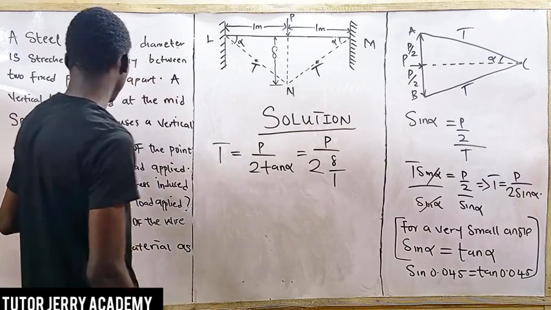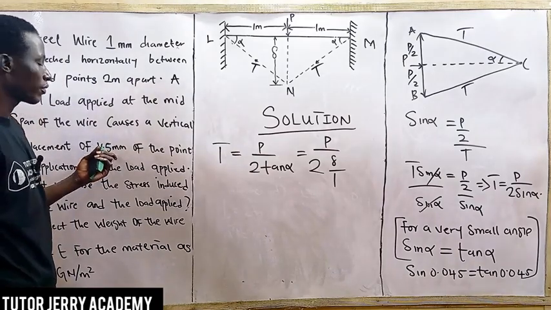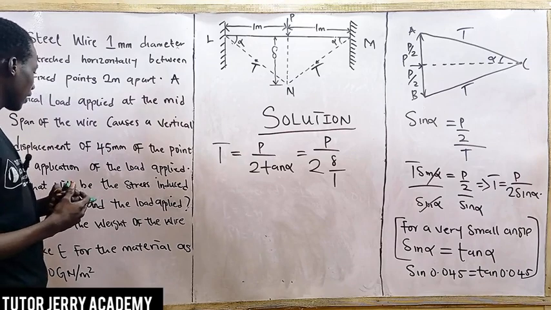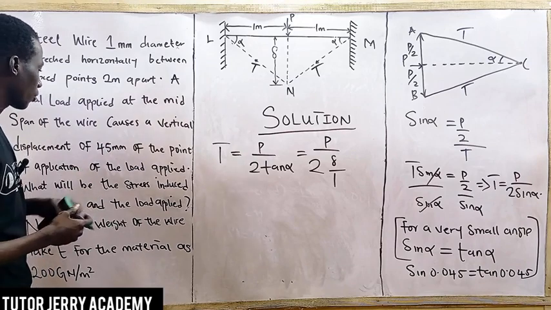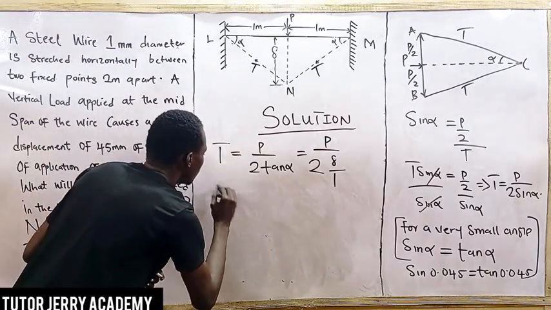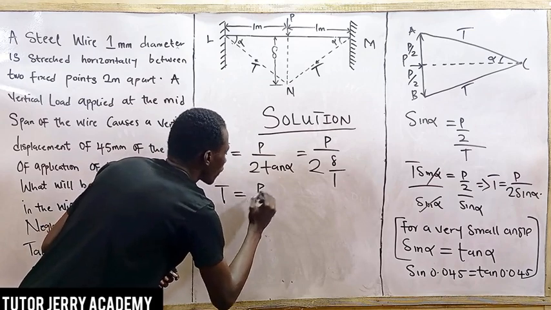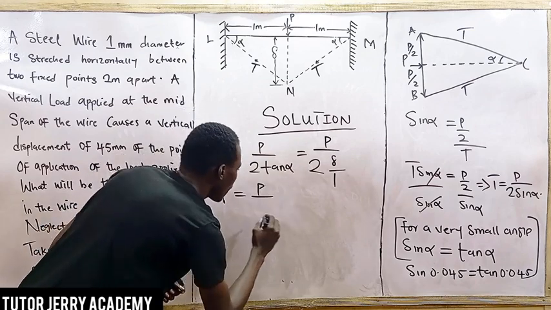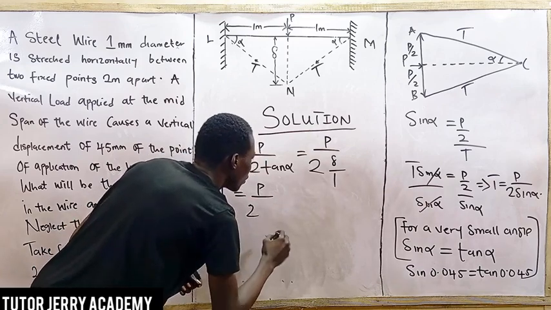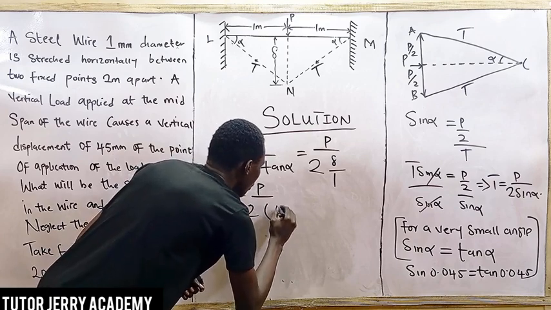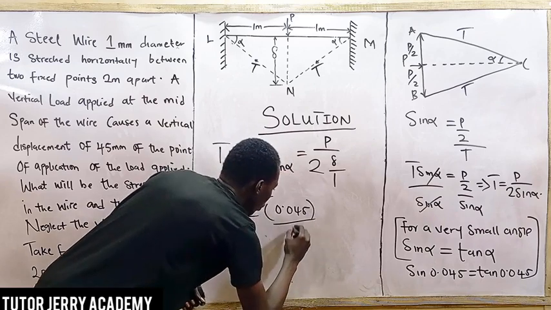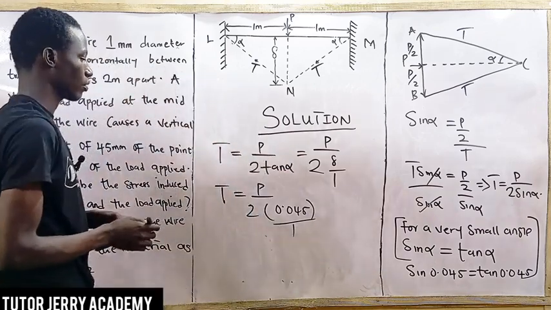Next, from our question, we have our displacement, which is D, to be equal to 45 millimeters. We have converted that earlier to meters, and it was equal to 0.045. So what we have here will be T equals P all over 2 multiplied by 0.045 all over 1.